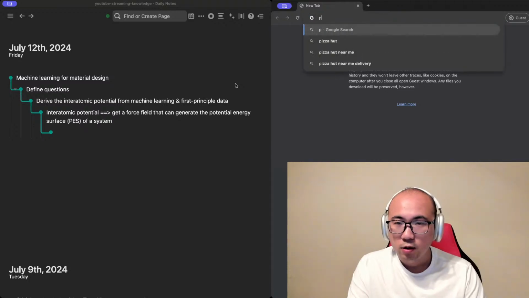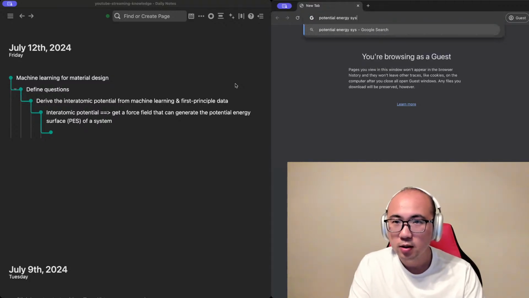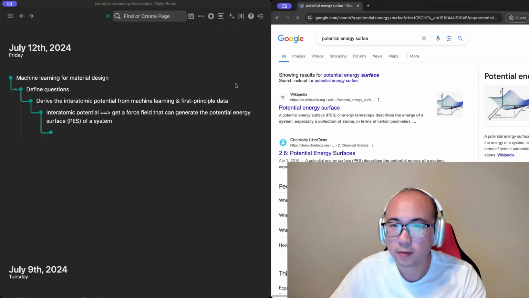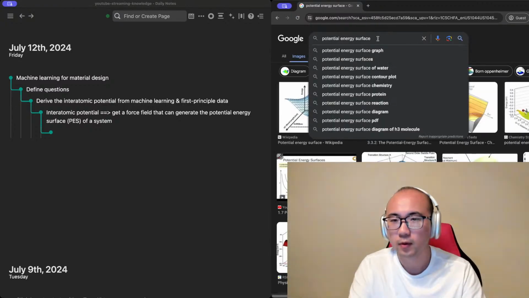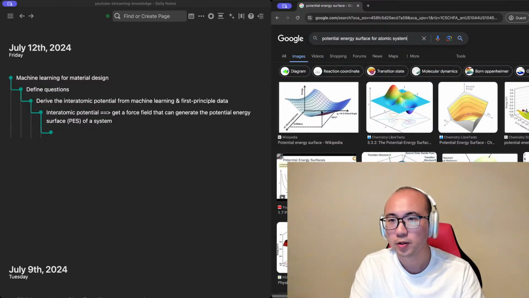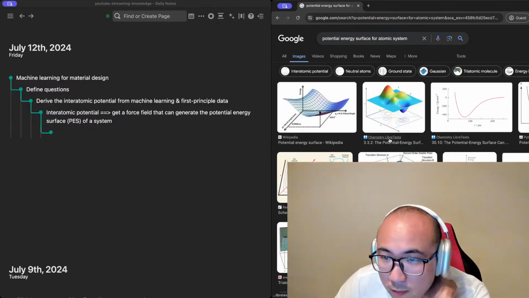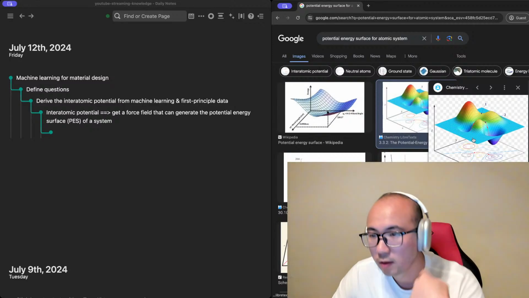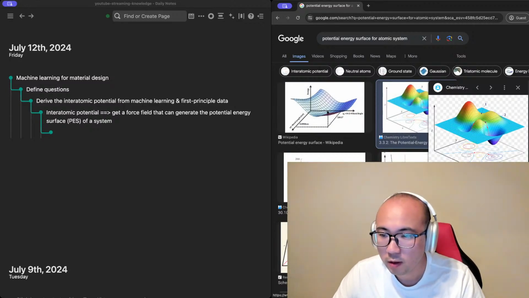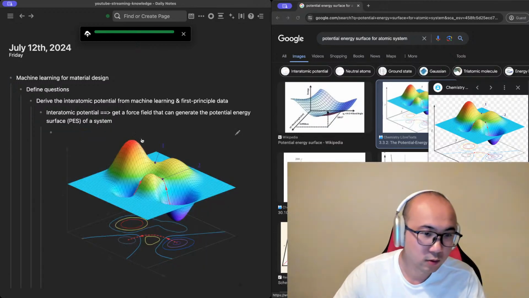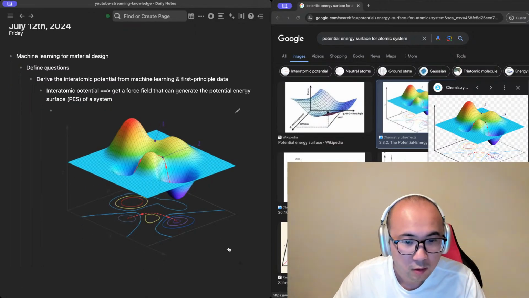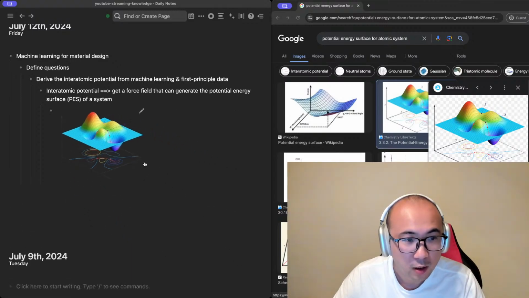So let's search something: potential energy surface. We can copy this image to here.